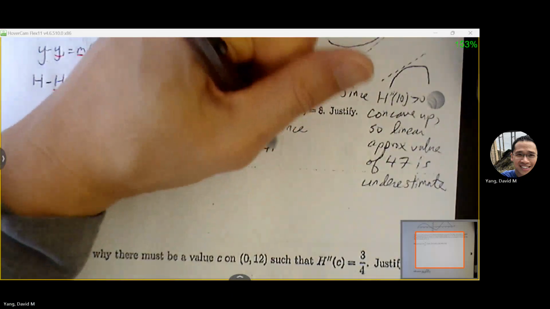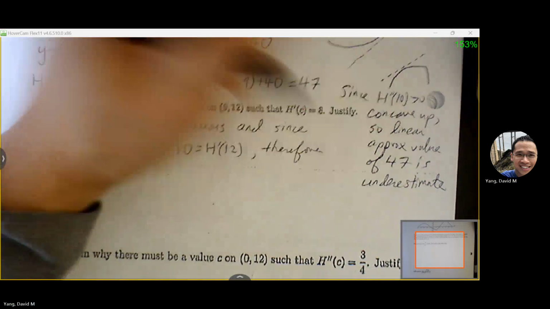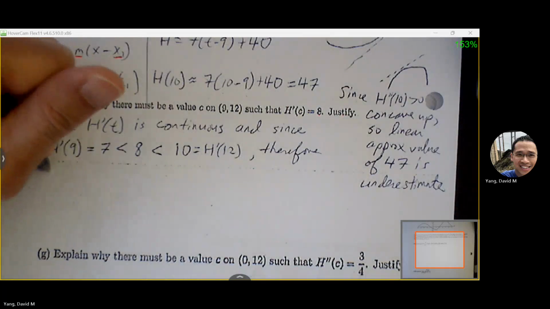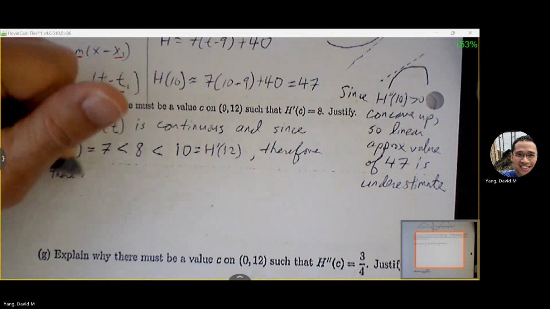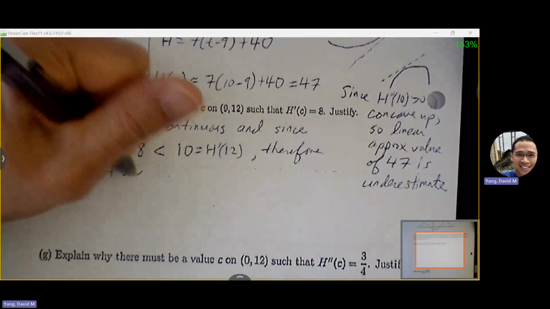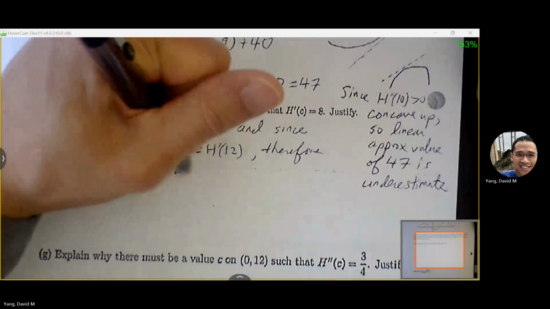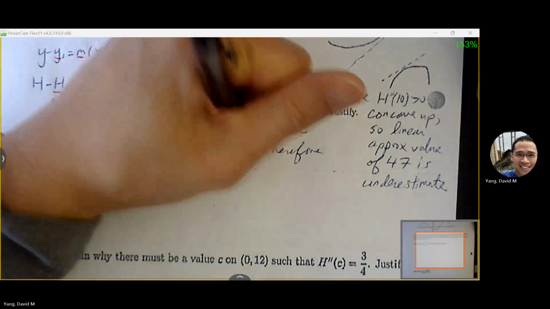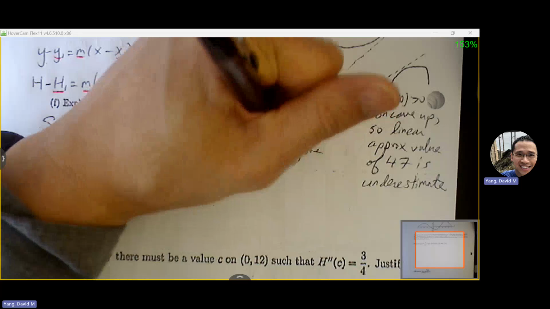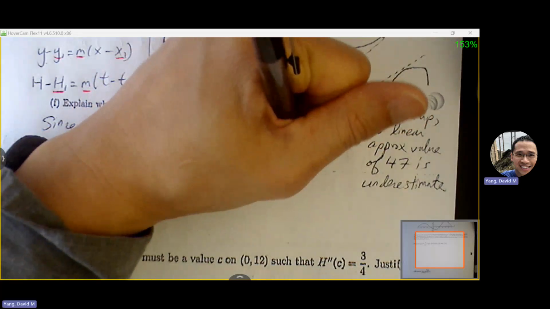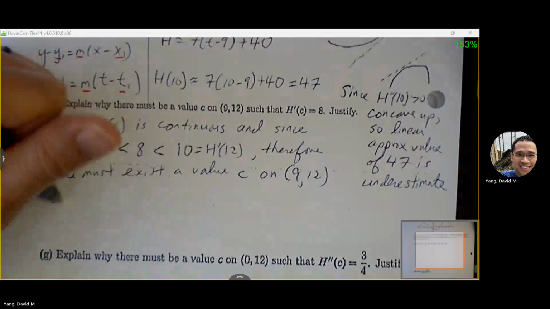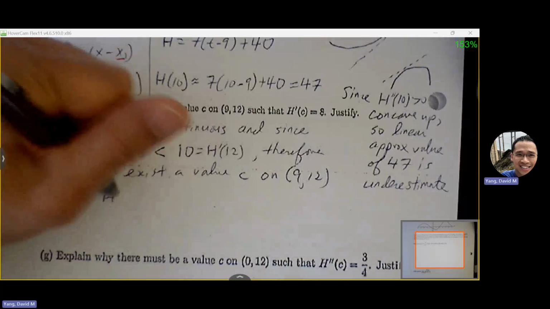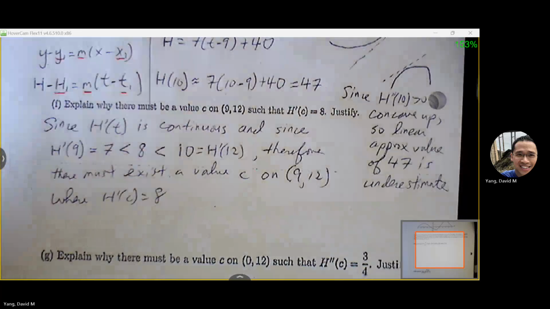Therefore, there must exist a value C on the interval from 9 to 12 where H prime of C is equal to 8.